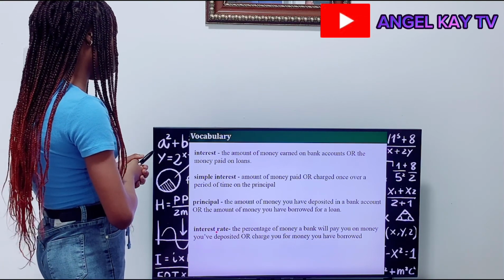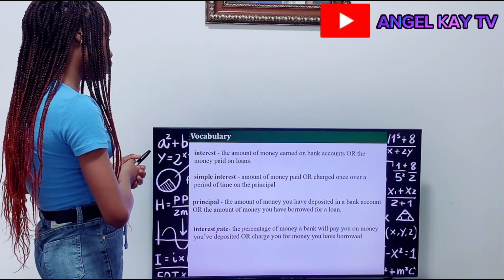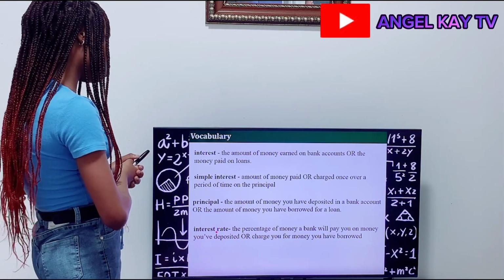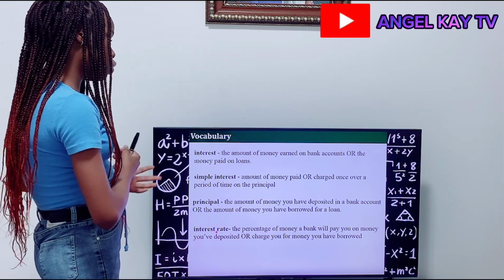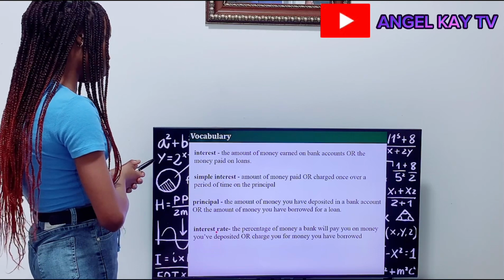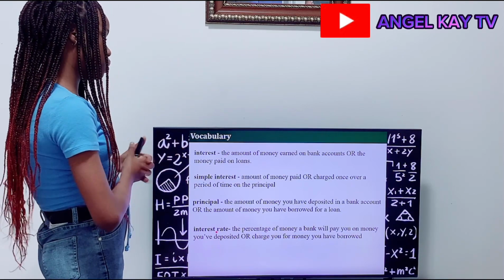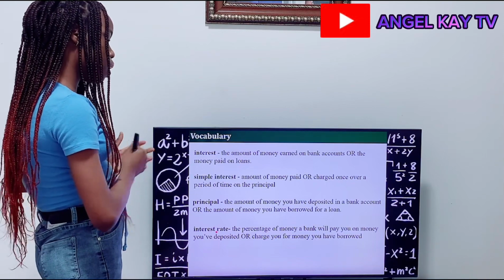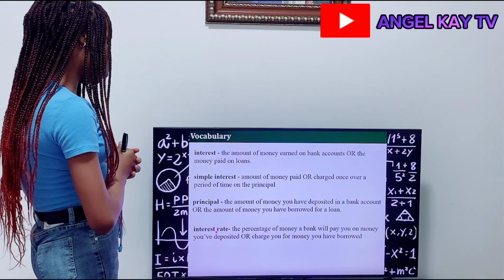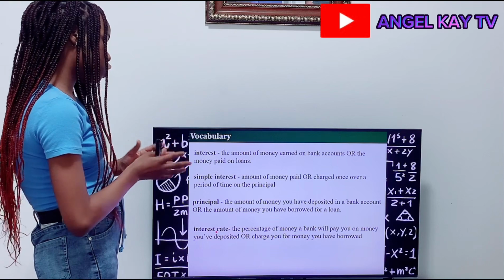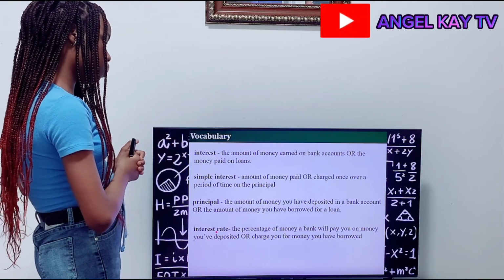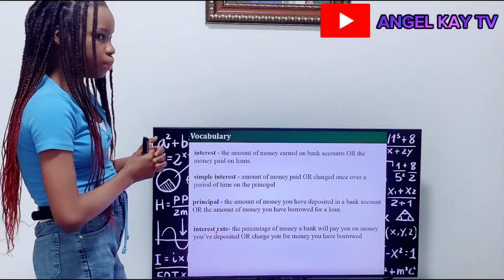And the principal is the amount of money you have deposited in a bank account or the amount of money you have borrowed for a loan. An interest rate is the percent of money a bank will pay you on money you have deposited or charge you for money you have borrowed.